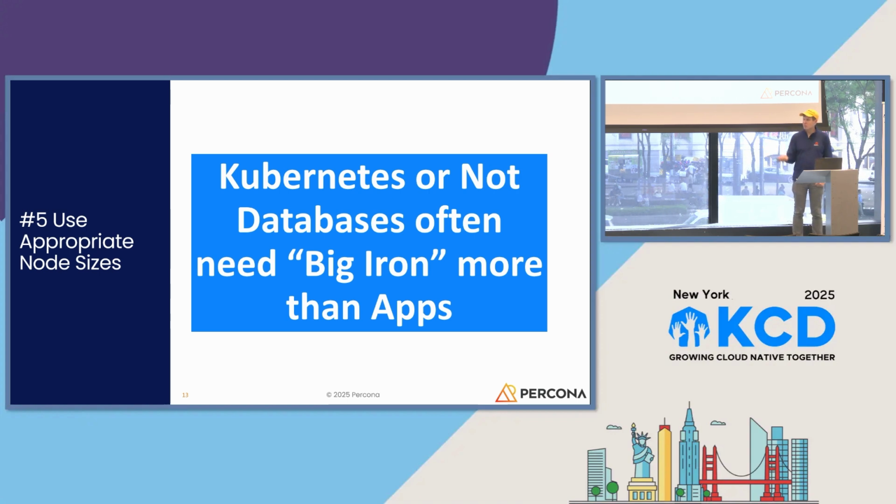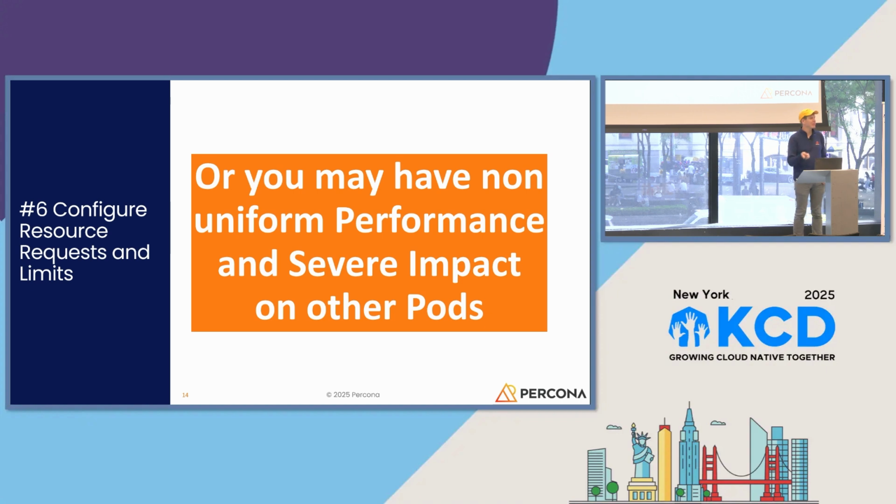Now, what you also probably want to do, especially for databases in production, is configure resource requests and limits, right? Because if you don't, then your database performance may not be uniform. And that is often something we don't like with databases.